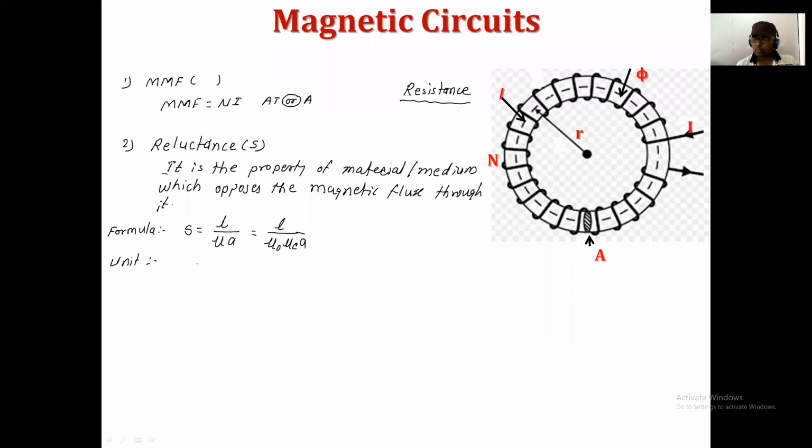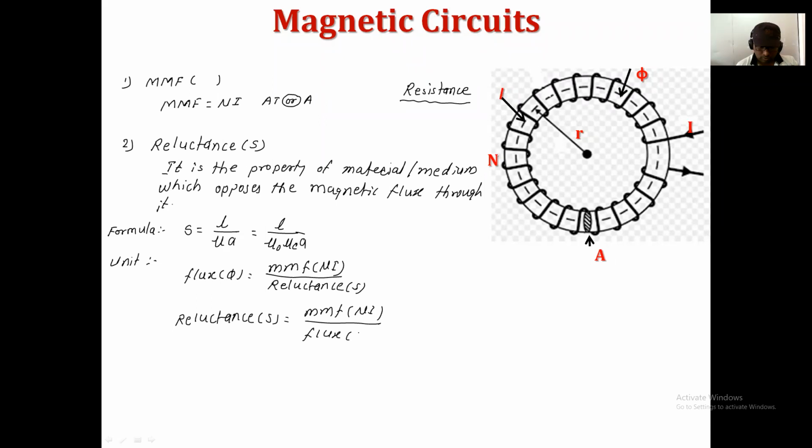आता ज्यावेळेस असा क्वेश्चन मी विचारेल त्यावेळेस तुम्हाला सांगता आलं पाहिजे: our basic formula in the magnetic circuit, which is phi is equal to mmf upon reluctance. आणि आपल्याला युनिट काढायचंय रिलक्टन्सचा. It can be denoted by S. The reluctance S is equal to mmf Ni upon flux phi. आता मला सांगा, mmf चं युनिट काय?